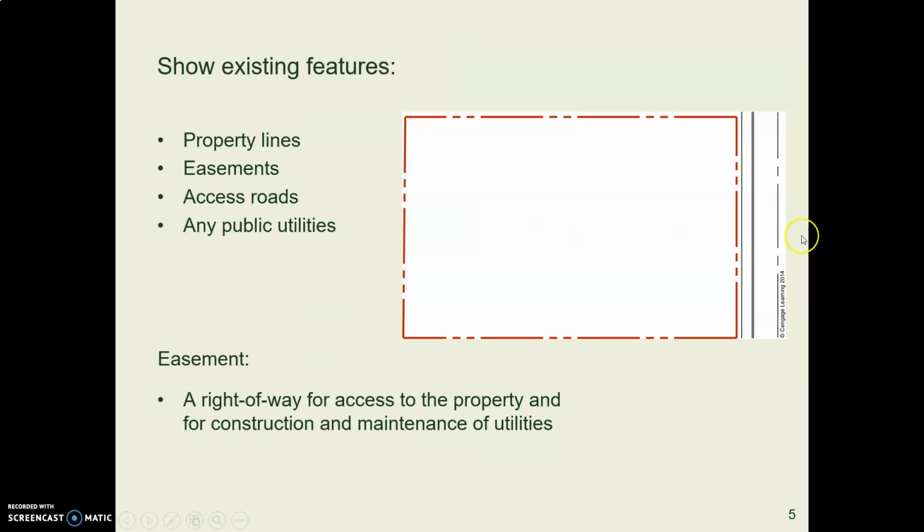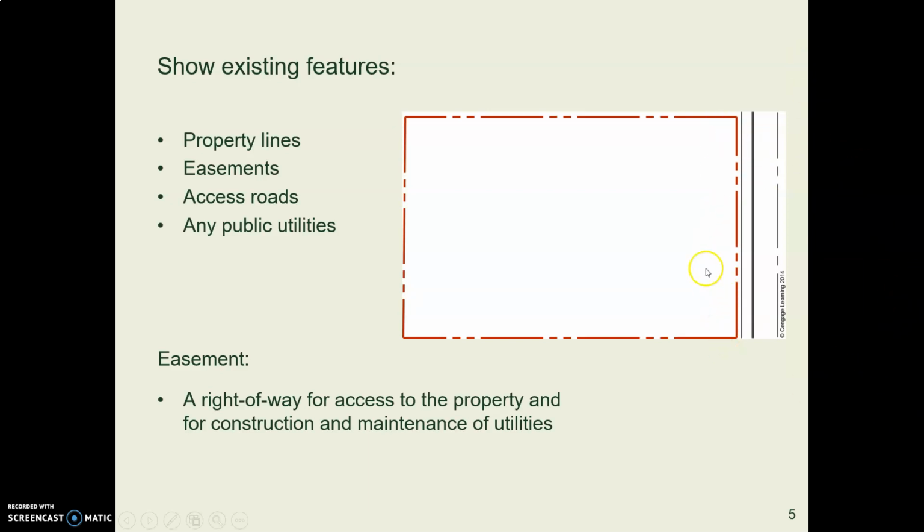You start with the property line, so you have to show that with the surveyor's units. And you also have to show where are any roads and sidewalks, and also where are any easements. An easement is a legal access that the utilities have to your property, and you can get that from the county tax lot, I think.